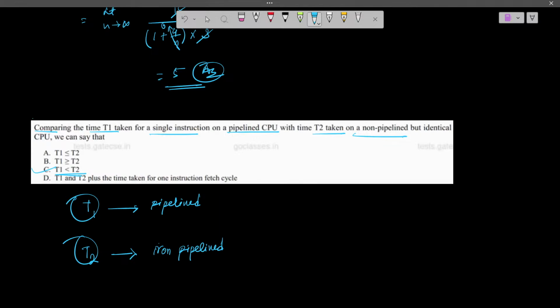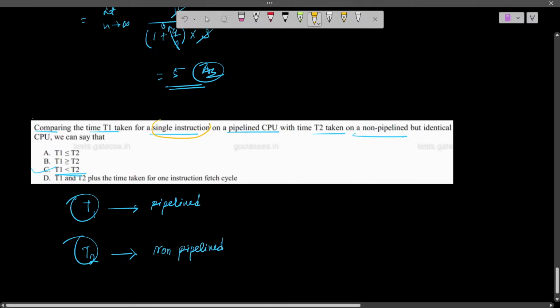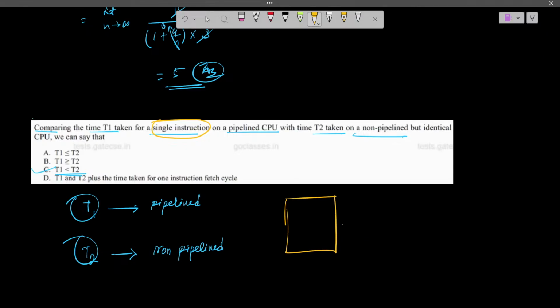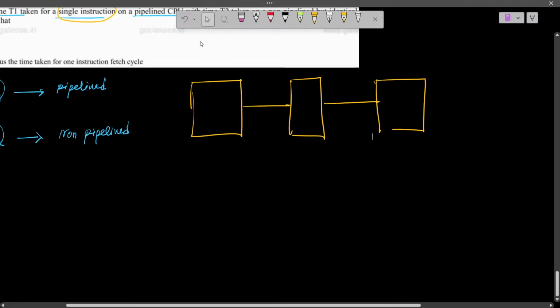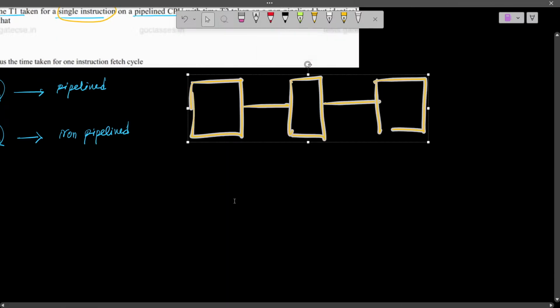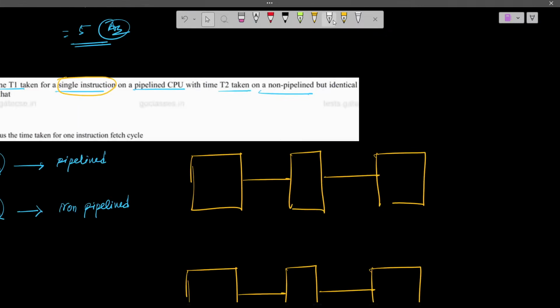But the trick here in this question is, it says single instruction. Now, for a single instruction, let's say we have a few stages, 3 stages. This is, let's say, non-pipeline, and this is, let's say, pipeline. Let's say this takes 3, this takes 2, this is 5.